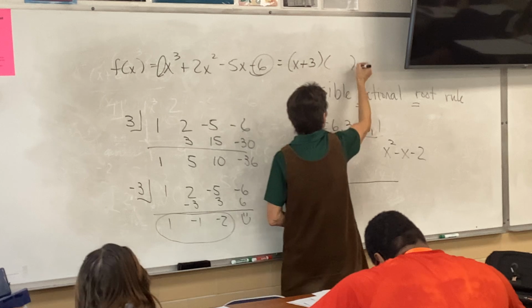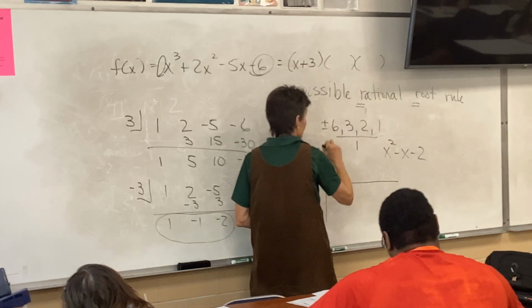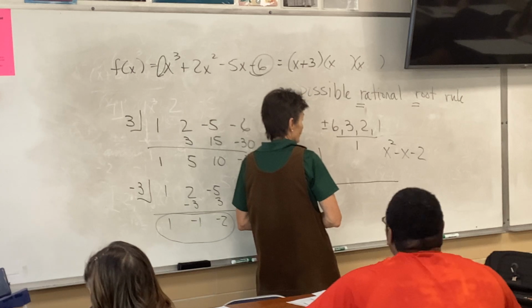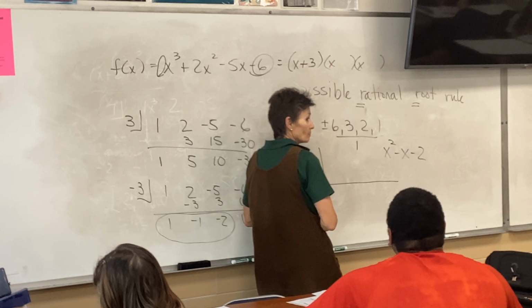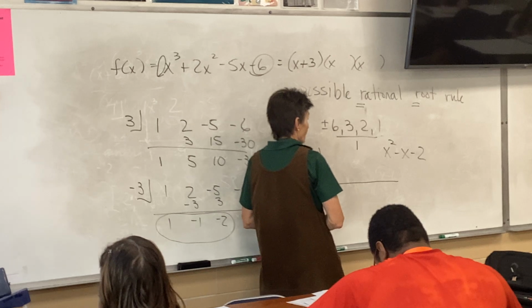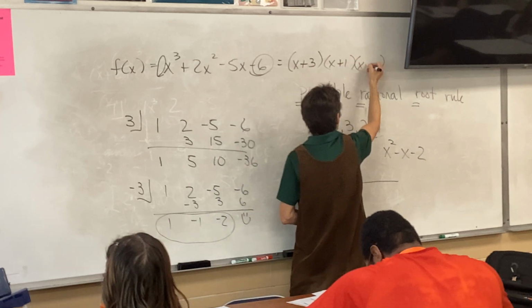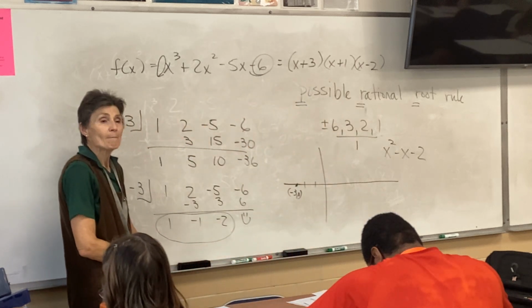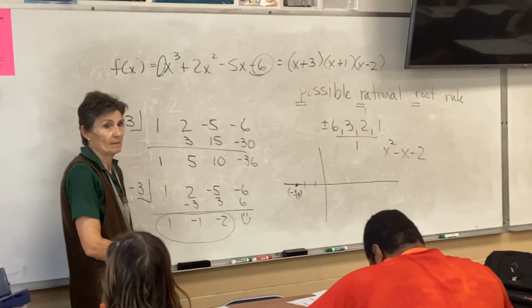Yeah, I think you can factor that. How does that factor? x plus 1, x minus 2. In your order, doesn't matter. That's it. So what does that mean about my picture then?